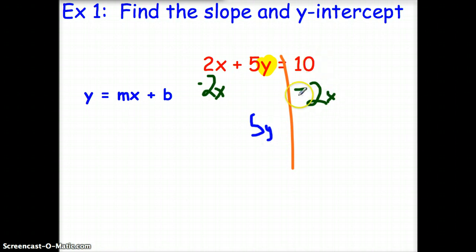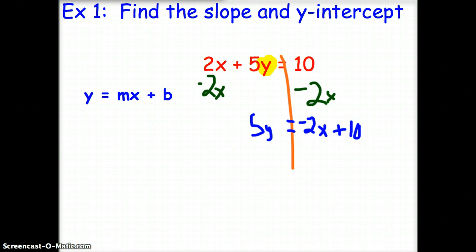Negative 2x and 10, we cannot combine those because 10 doesn't have any x with it. So I'm just going to write that as negative 2x plus 10.